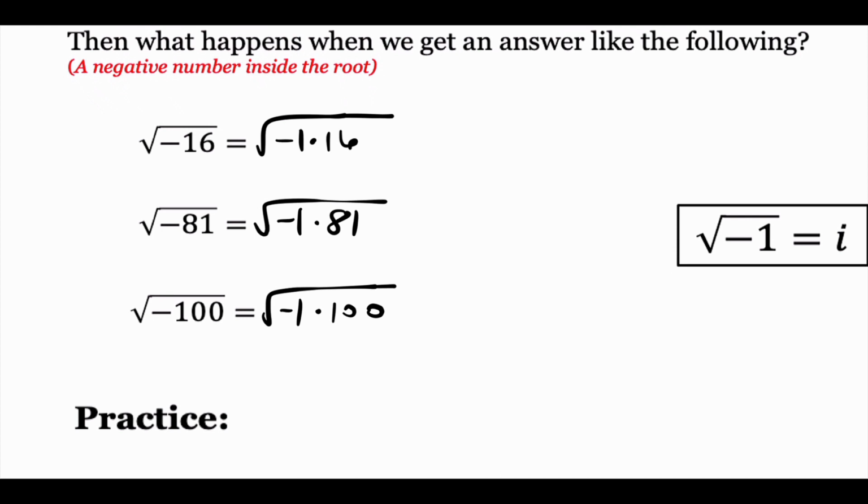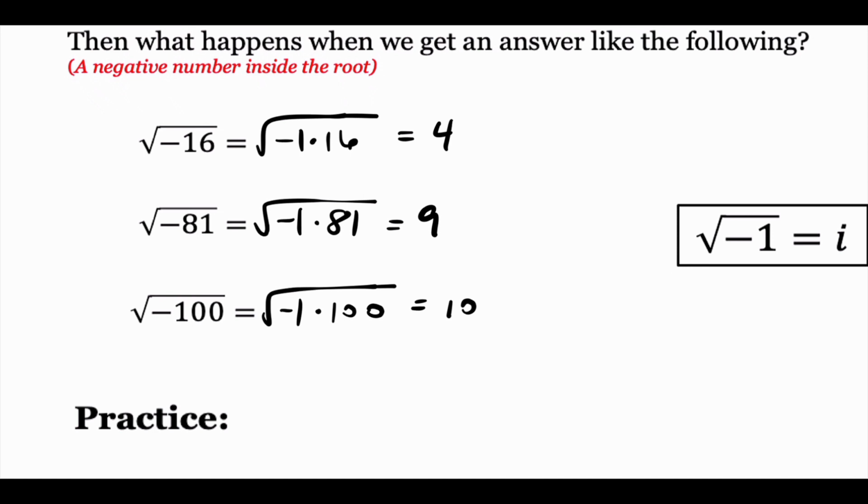So, without the negative part, I can answer the question. The square root of 16 is 4. The square root of 81 is 9. The square root of 100 is 10. But I still have that negative 1 in here.